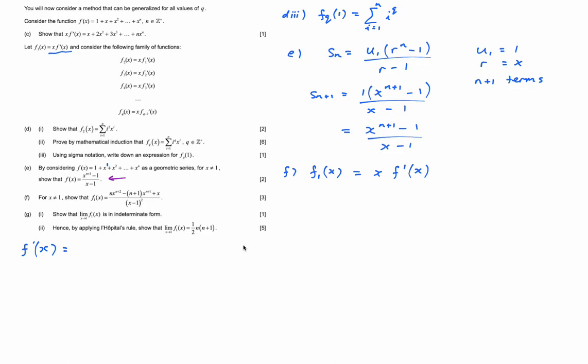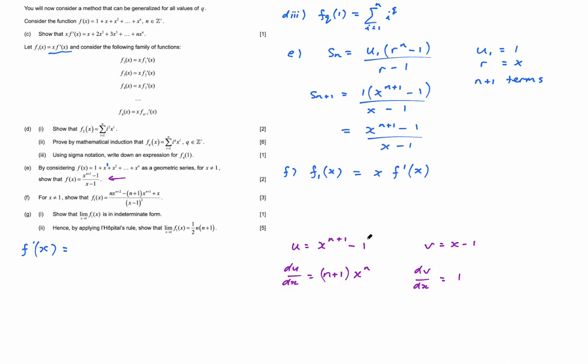So u, let's do it over here, u is x to the n plus 1 minus 1. v is x minus 1. du/dx is n plus 1 times x to the n, multiplied by the power and subtract 1 from the power, and dv/dx is equal to 1.